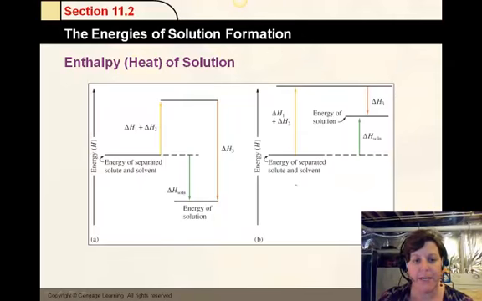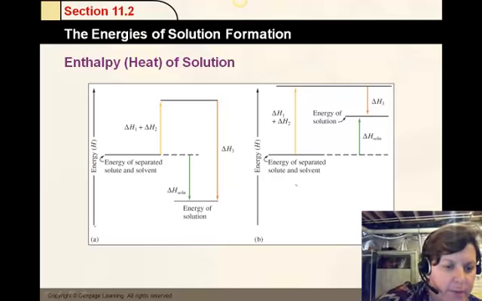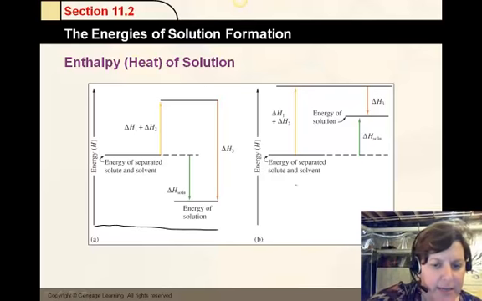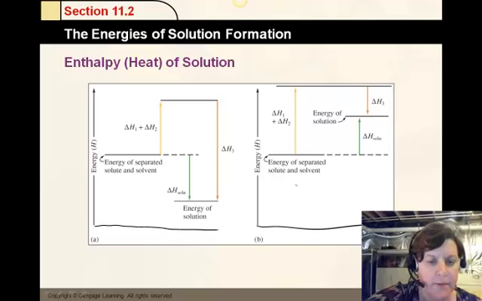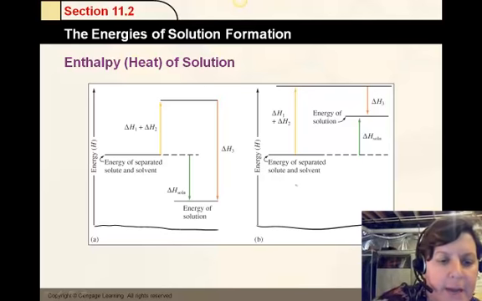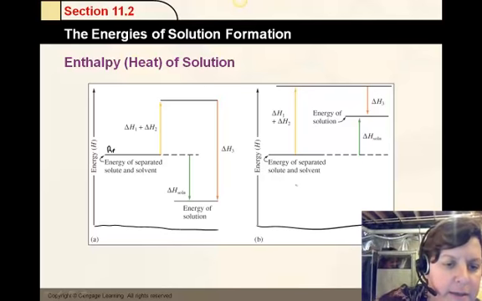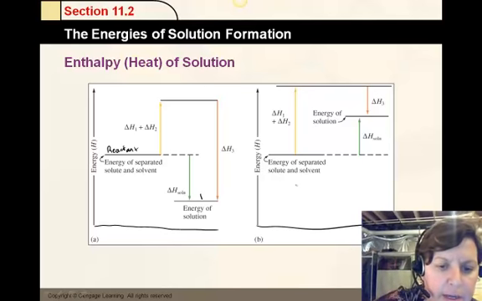So here are two pictures. This should look somewhat familiar to you, although before, I think what we did was we had energy over there and we actually just had another axis down here. Whoops, that's a little crazy. These are the reactants, and these are the products.